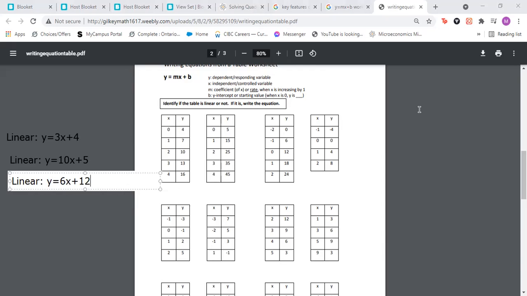Sorry, how again? So it's 6x plus 12 because when x is 0, y is 12. So it'd be y equals 6 times 0 plus 12.